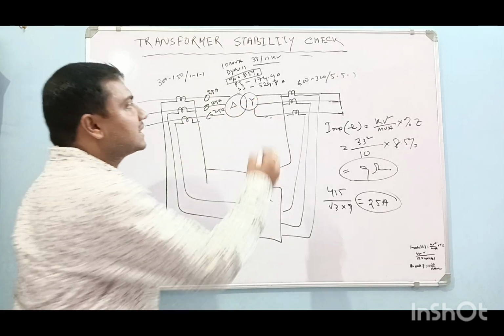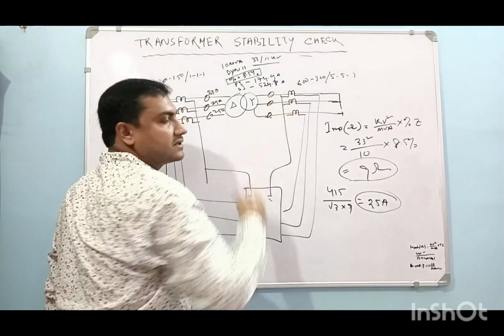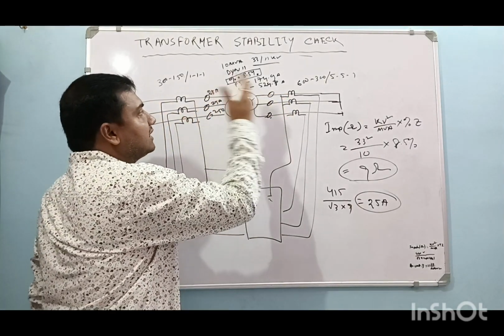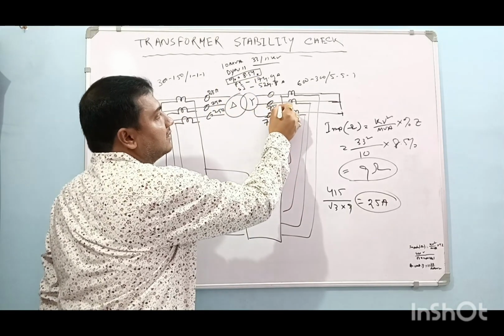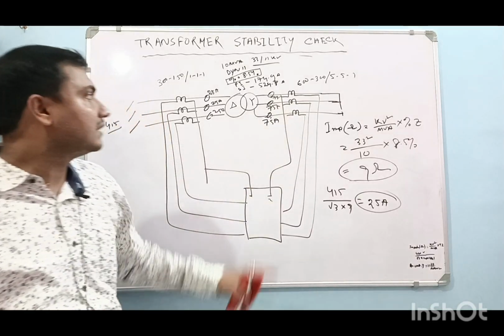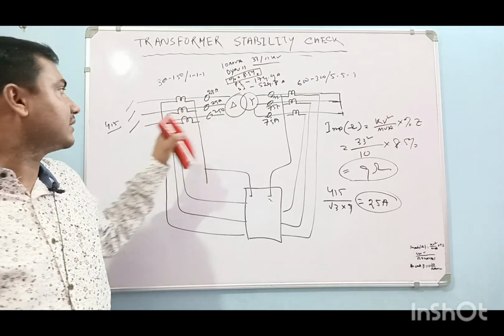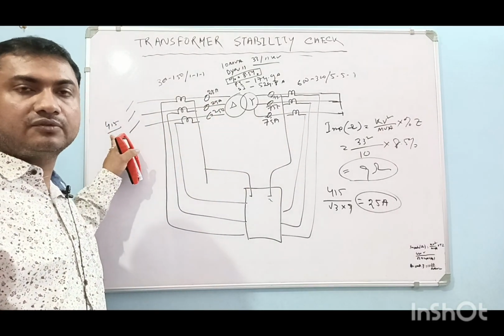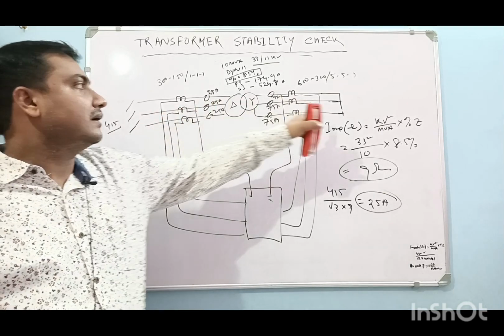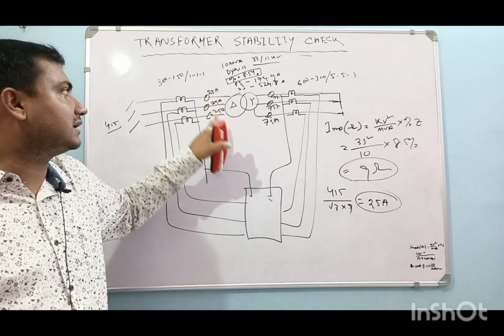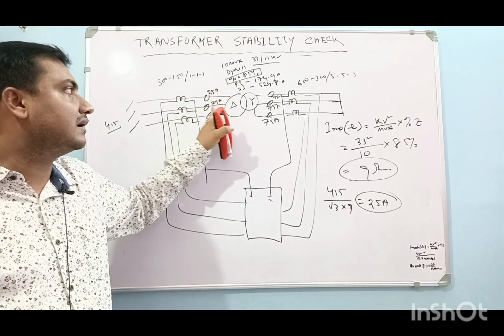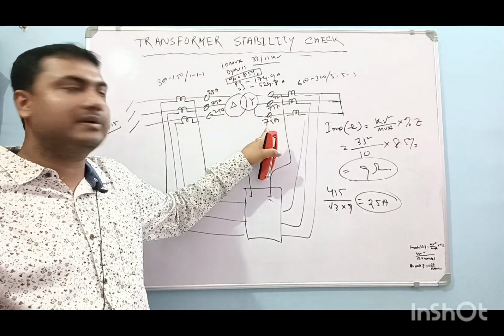Similarly, if we measure on the 11 kV side, it will come 3 times 25, that is 75 ampere. Here 415 volt is fed through the primary HT side and the 11 kV side is shorted. So on the 33 kV side it will show 25 ampere, and on the 11 kV side 75 ampere.